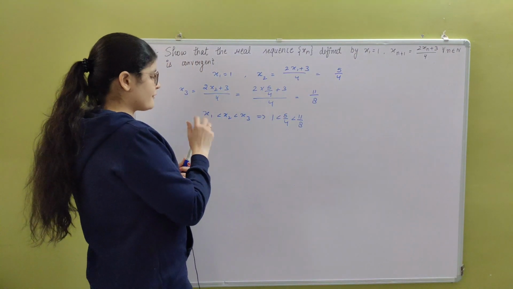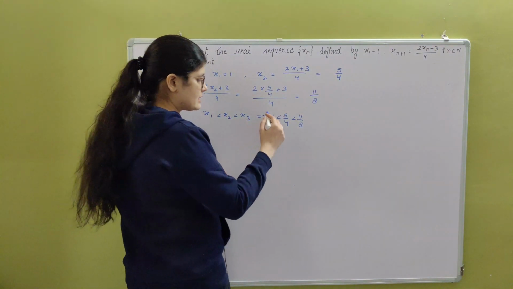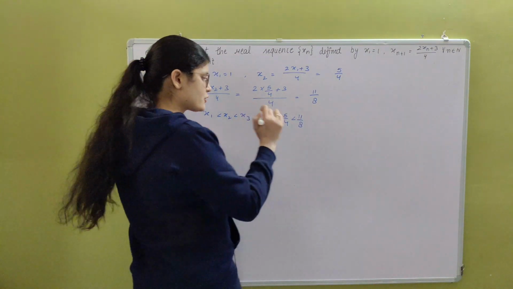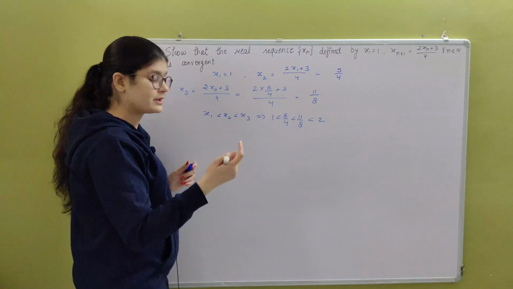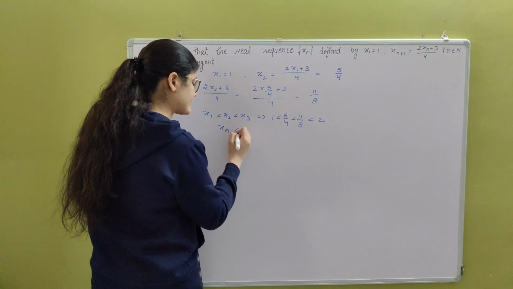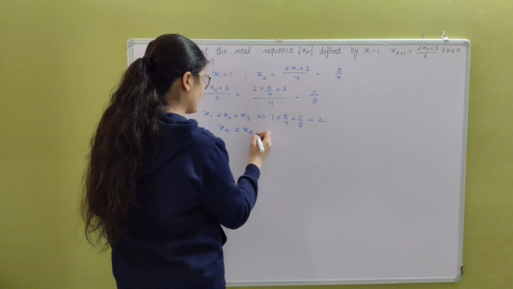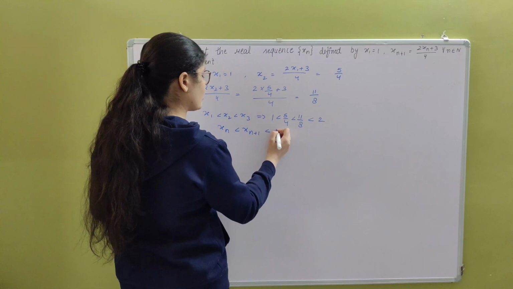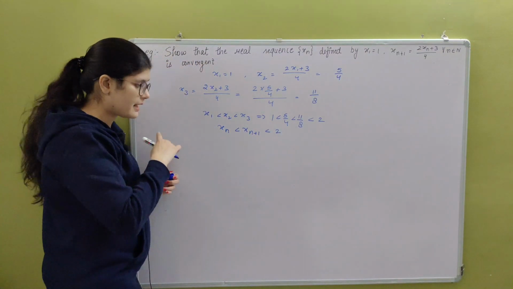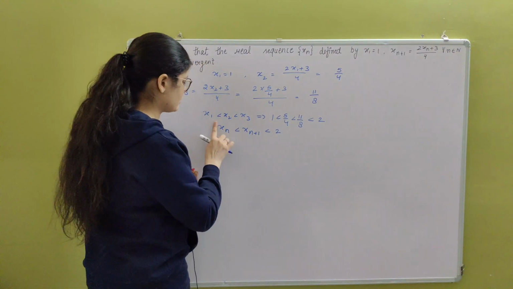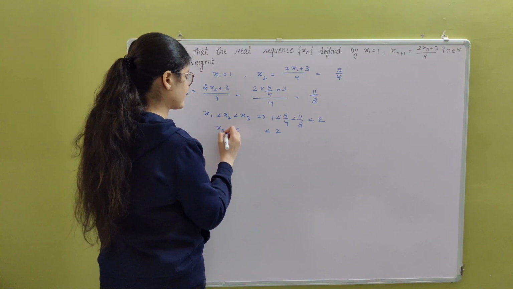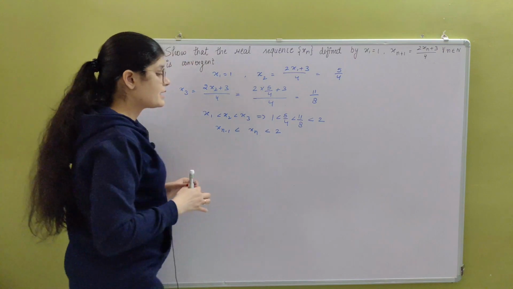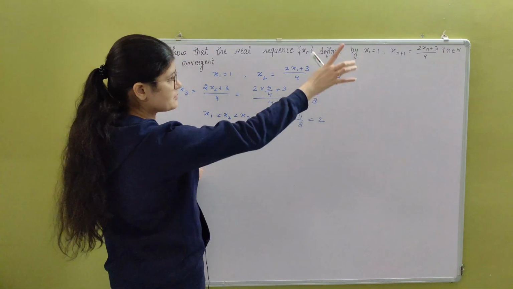But for sure we know that these three numbers are less than 2, right? All these numbers are less than 2. That means x(n-1) is less than xn and is less than 2. Now let's multiply by 2 in the entire inequality.